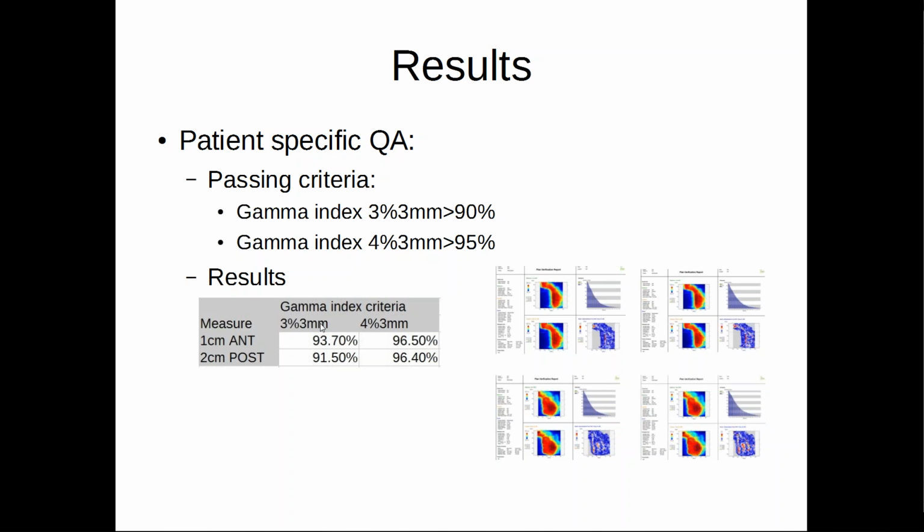Like the 3% 3 mm gamma index was 43.7% from the first measurement, and the second was 91.5%. So our passing result has to be more than 90%, and the 4% 3 mm has to be more than 95%, with a 20% low dose threshold.